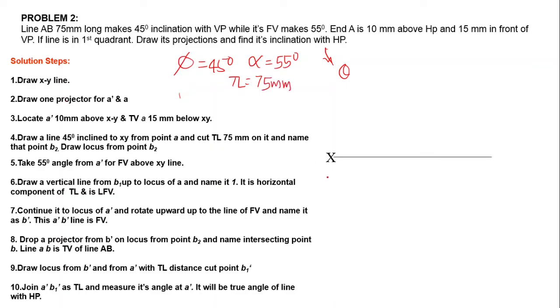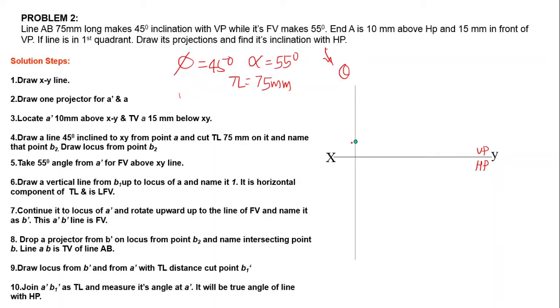Then first step. First draw the XY line. Then we have to mark the end point A, 10 mm above HP and 15 mm in front of VP. That means entire point lying in first quadrant. That means HP below, VP above. Okay, then end point A, 10 mm above HP. 10 mm above HP means that distance.